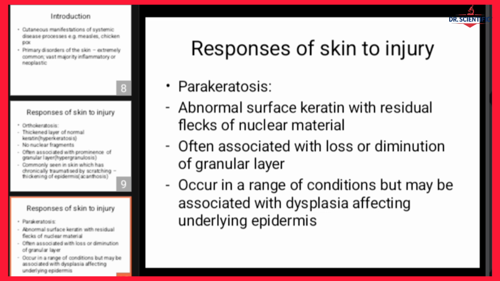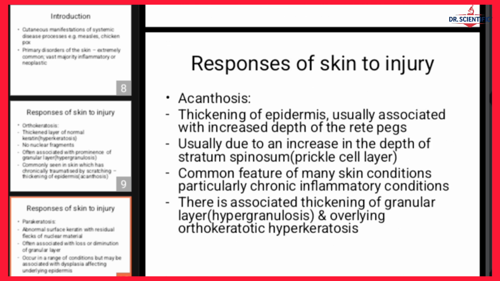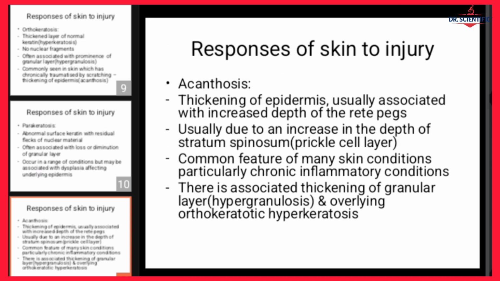Then there is acanthosis, which is thickening of the epidermis, usually associated with increased depth of rete pegs. So it's good to go back and look at those diagrams that we talked about where the rete pegs are. Their depth increases. That means they tend to become longer. This is usually due to an increase in the depth of the stratum spinosum, the prickle cell layer.